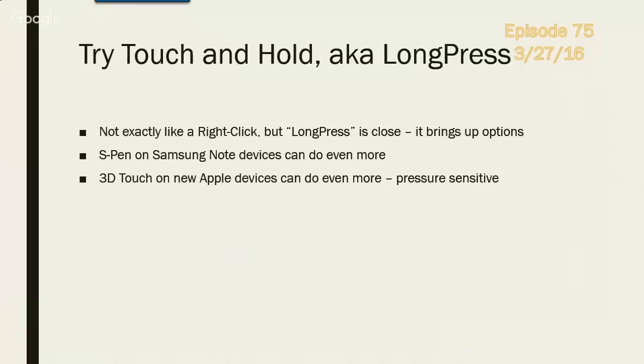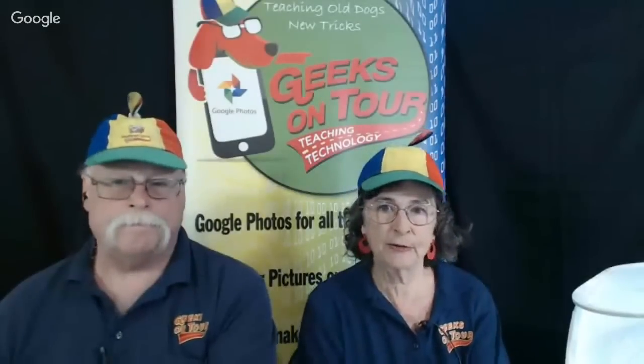Now, I am not talking about, but I'll just show you briefly, the S Pen on a Samsung Note. If you have a Samsung Note device, it comes with this little pen, and you just use it like a stylus, but it definitely has some special things. If you even just get close, it has kind of a hover.